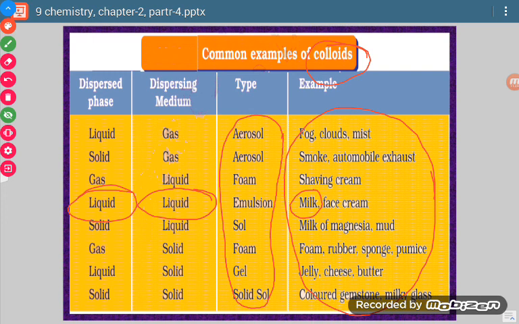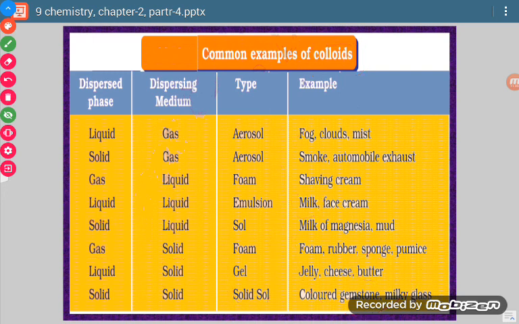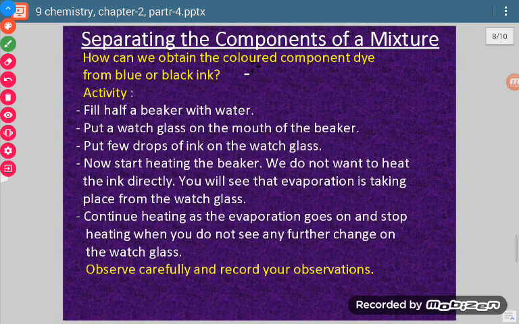Let us take butter. Butter is also a type of colloidal sol, and in this liquid is the dispersed phase and the dispersion medium is solid. So this is the way we can remember all the different examples of colloidal sol, and these are of our daily use.